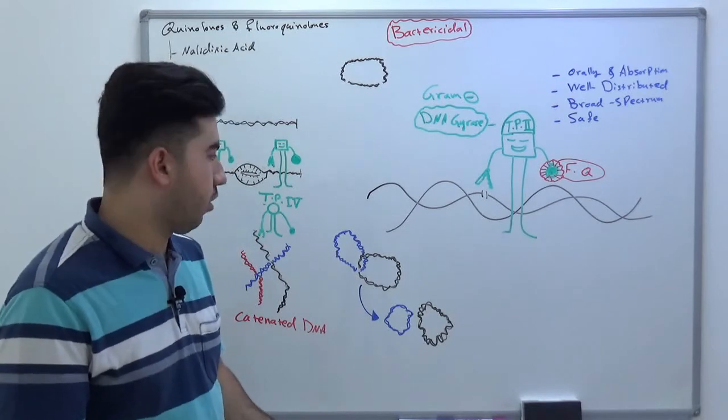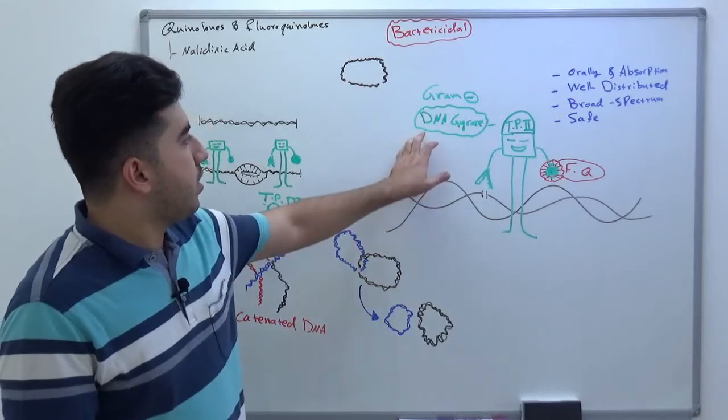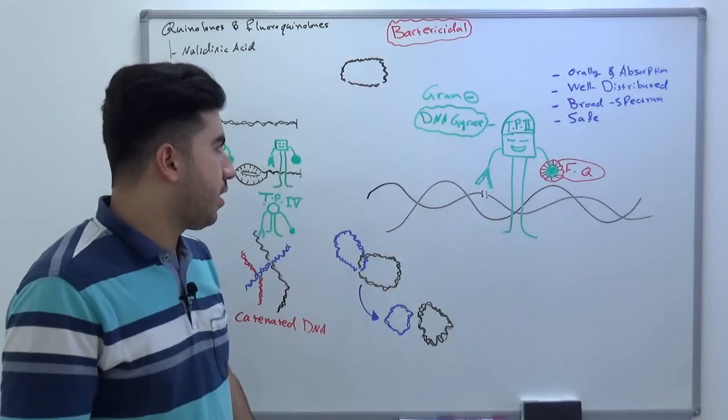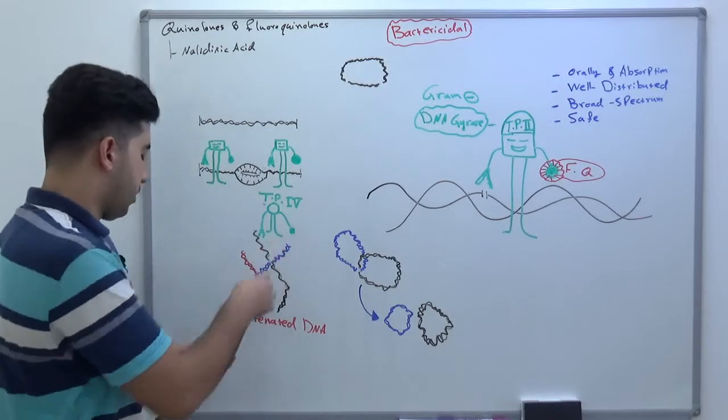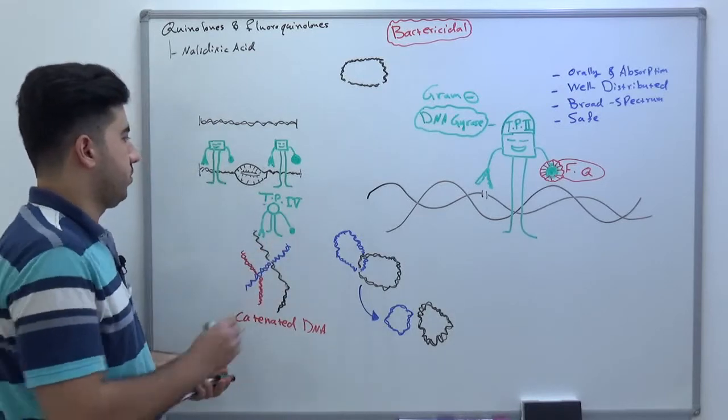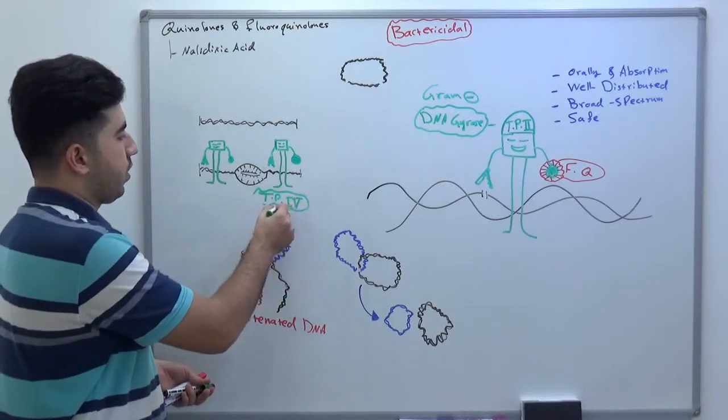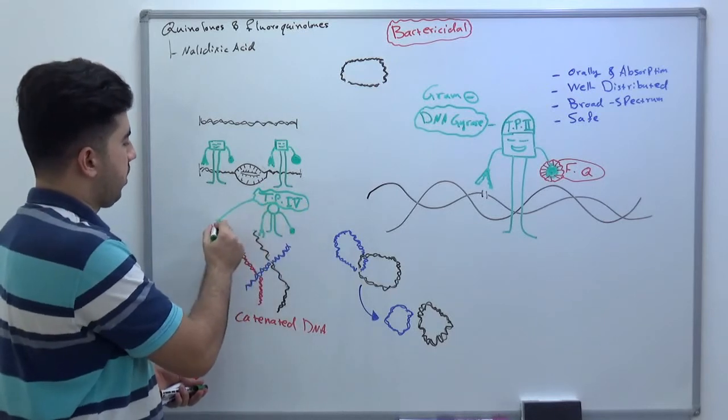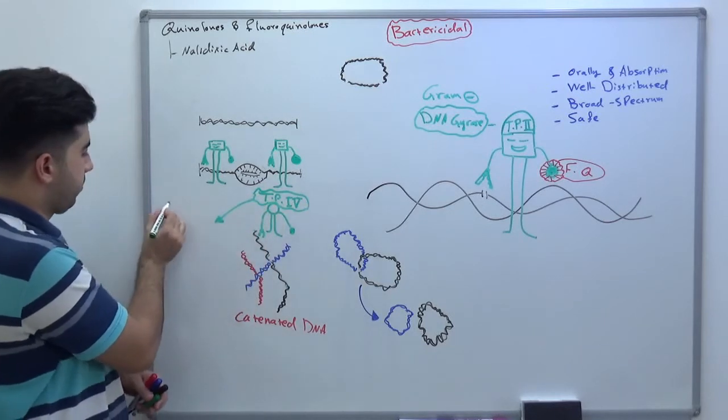Of fluoroquinolones. We said that DNA gyrase is more important in the gram-negative bacteria, but the topoisomerase 4 is more important in what? In gram-positive bacteria.